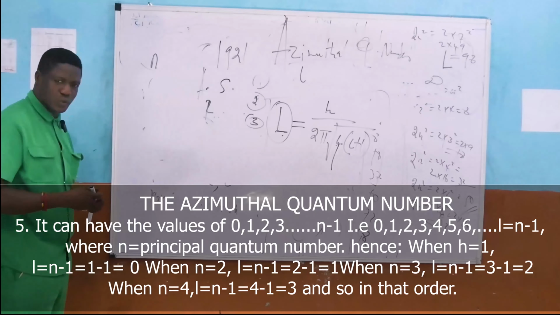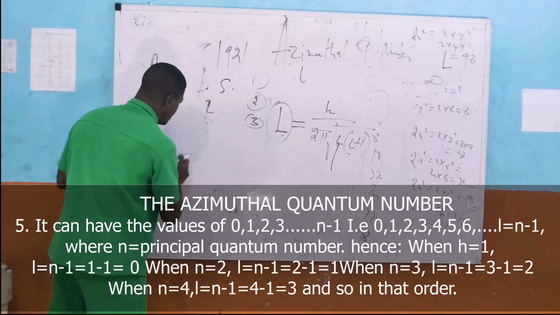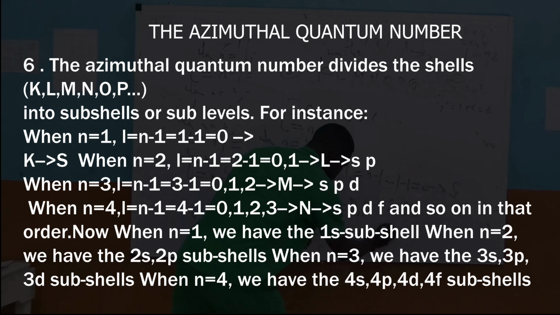The possible values that could be taken by the azimuthal quantum number, inside of the M principal shell where n equals 3, can be established using the formula l equals n minus 1, which is 3 minus 1, giving 2. So the possible values of the azimuthal quantum number are 0, 1, and 2. 0 corresponds with the first subshell known as s, 1 is the p subshell, and 2 is the d subshell.